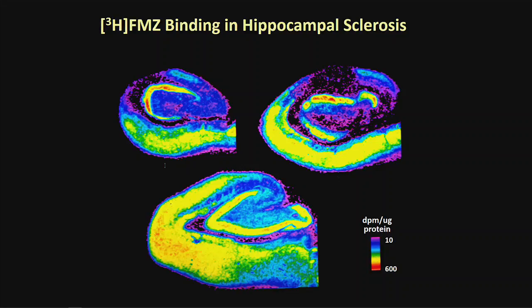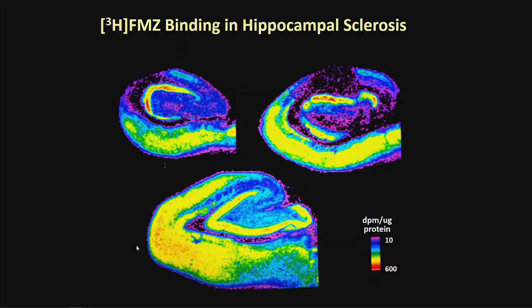And that is, for instance, the use of flumazenil, which targets the benzodiazepine binding site on the GABA-A receptor. And we and others have shown that in refractory epilepsy associated with or due to mesial temporal sclerosis, there's a profound loss of the GABA-A receptor in most of the hippocampal formation. So these are all in vitro studies.